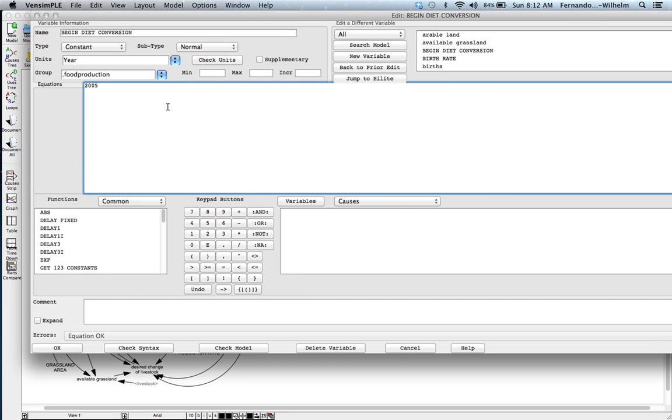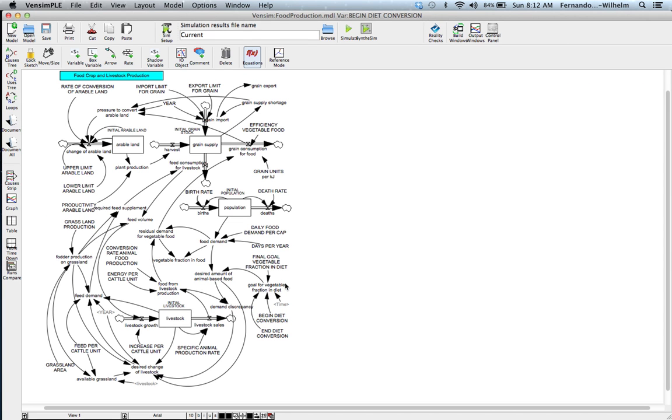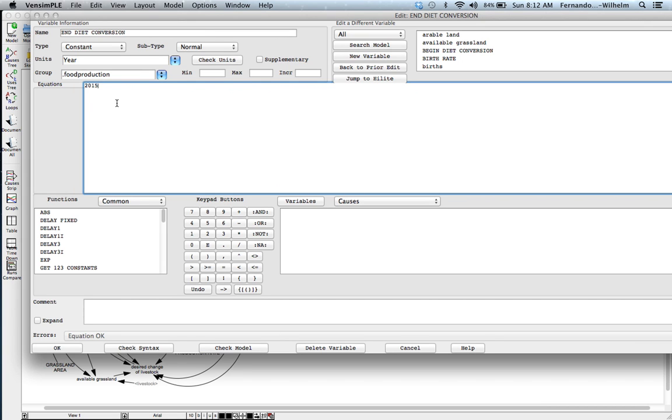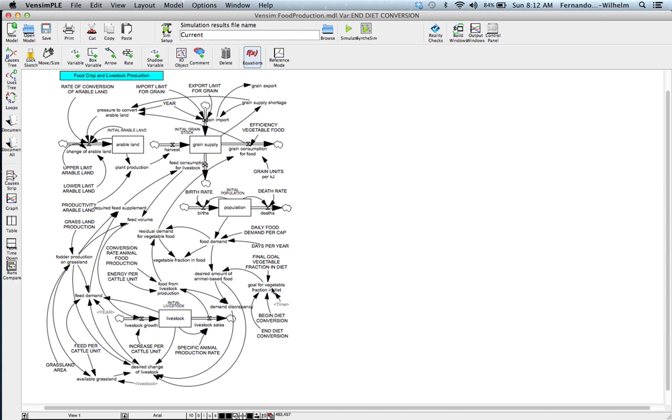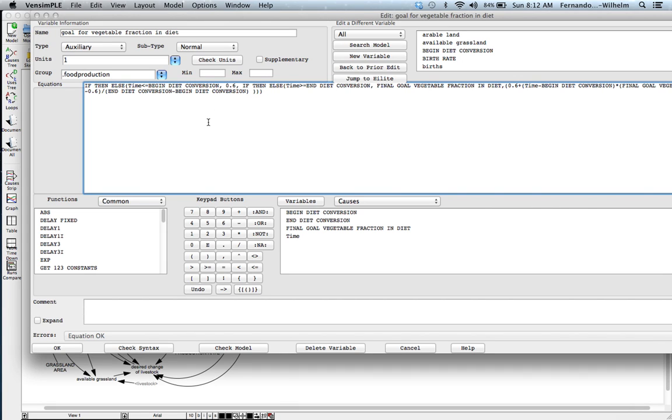If you look at that equation, this is 2005. And in 2015 you end the conversion, so it's a process that takes 10 years, and this is the equation of a straight line.